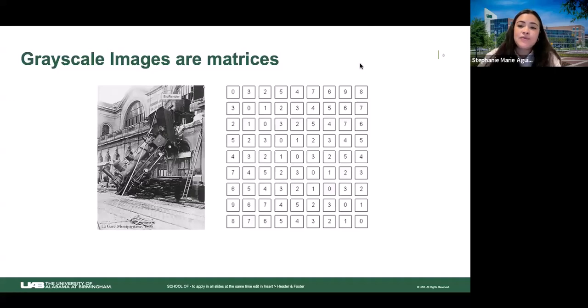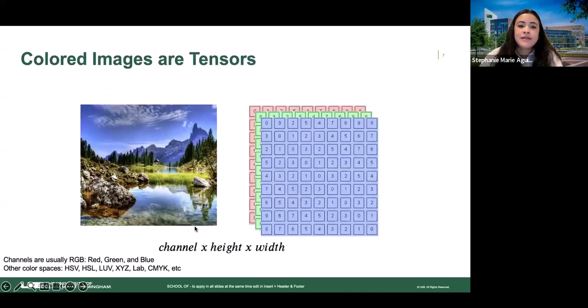And the same is true if you're trying to think about a vision language model or LLM per se. Now, in the context of colored images, they're considered tensors because they're multiple matrices together. And so you have a channel and you also have the height and width. And this is even more so in terms of the magnitude of those matrices, right?